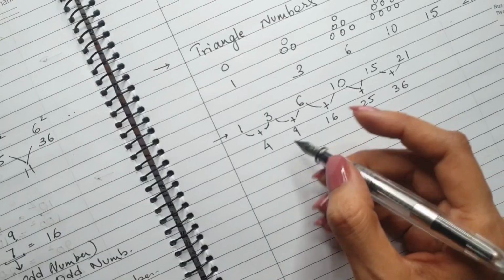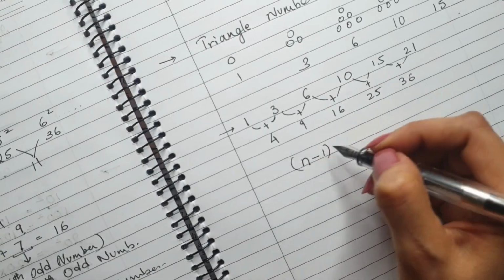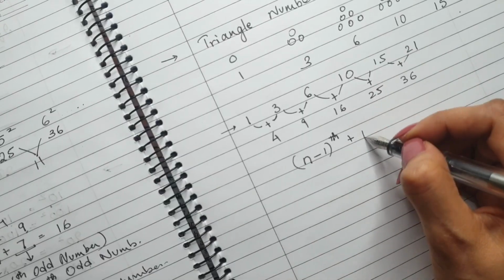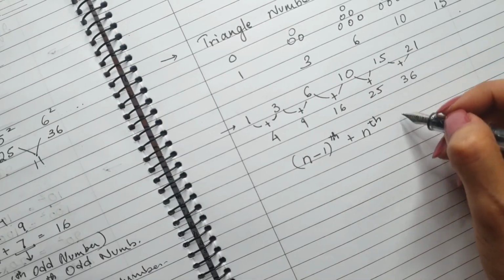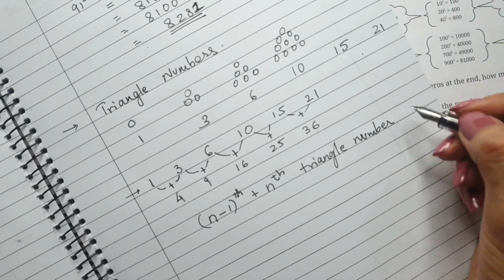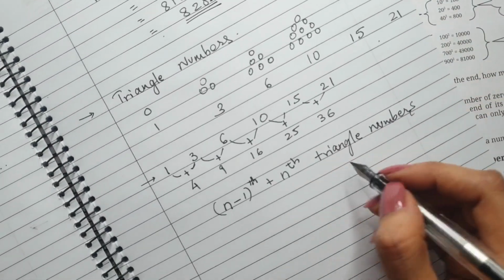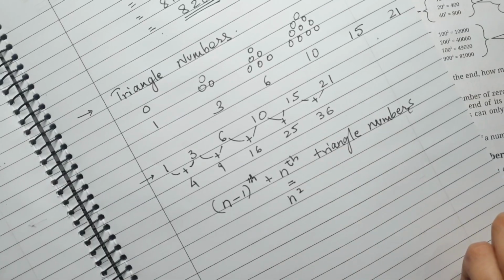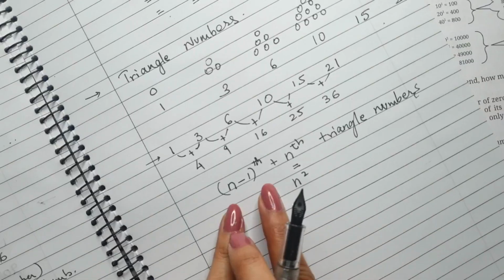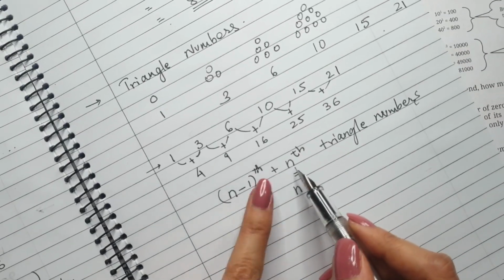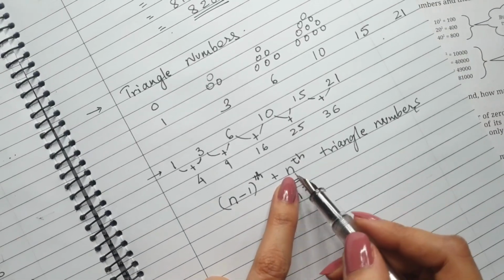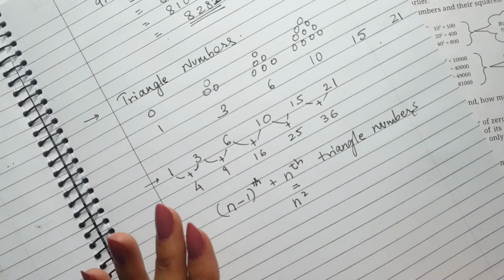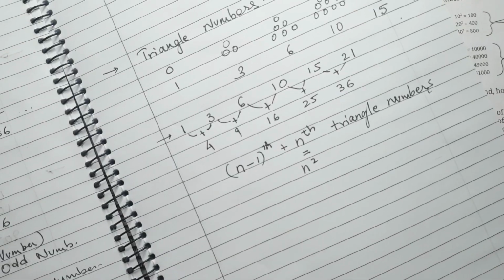If you have the (n minus 1)th plus nth triangle numbers, if you add them, your answer will be n square. Okay, so if this is the 5th triangle number and this is the 4th triangle number, the addition will be 5 square. Alright, we have one more pattern.